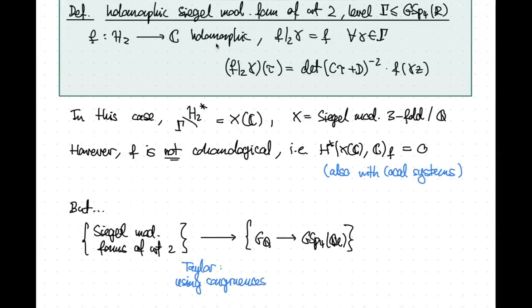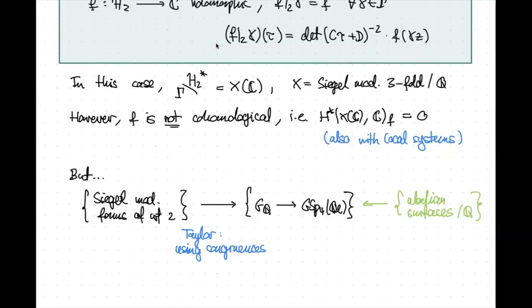Okay, and once again, the geometric objects here should be abelian surfaces over Q, which give the right Galois representations, because you have the Tate module, and then that fixes the Weil pairing. So indeed, there's this symplectic pairing.